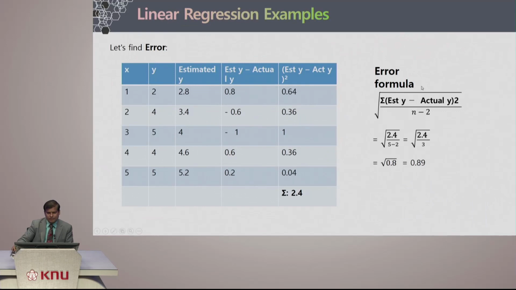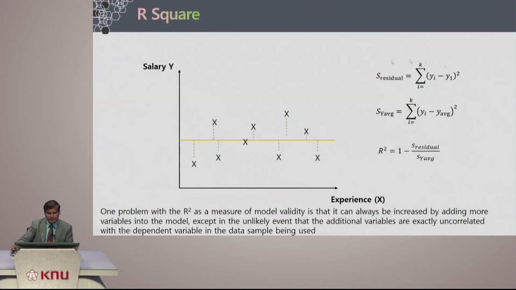So, different evaluation metrics. Here is the basic thought of the R square model. Just imagine here is the spread of data. You are given the data points, and your x-axis is your experience and y-axis is your salary.